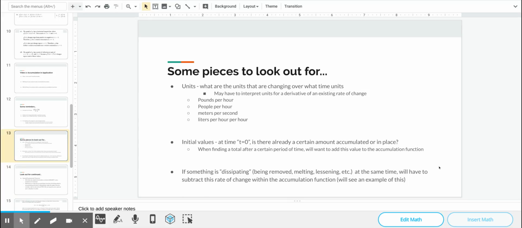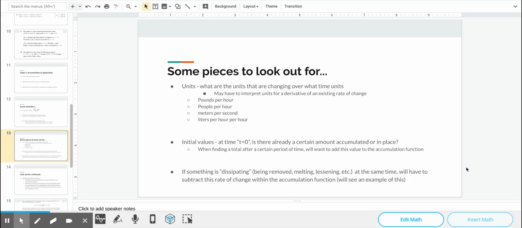And then this last bullet is specific to the types of questions that we'll see regarding finding a total amount after a period of time. So initial value is part of that, but this is also a big part. If something is dissipating, which means it's being removed, maybe it's melting and lessening in some way, whatever it might be. People leaving a concert is a dissipation of people from that concert.